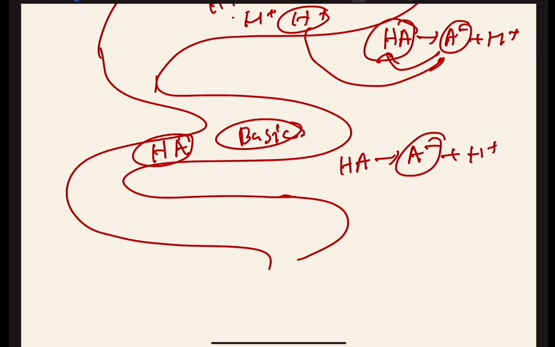Then there will be more and more A minus form of the drug, and this is the ionized form. The ionized form is more water soluble, so it can't easily cross the biological membrane, and there will be less absorption of the drug in the small intestine.